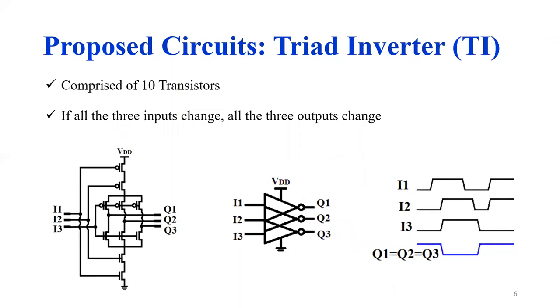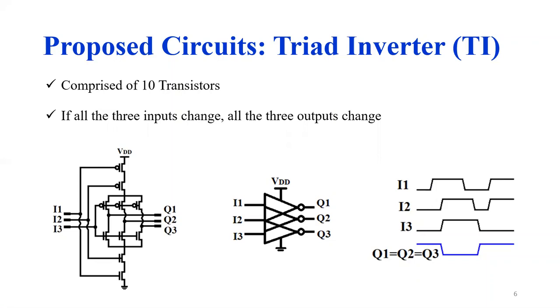To mitigate SEDUs in sequential logic, we first introduce a static storage unit capable of tolerating double node offsets. The left figure in this slide shows the circuit diagram of a proposed toroid inverter, a 3-input 3-output inverter, which is composed of 10 transistors, as shown in the waveform.